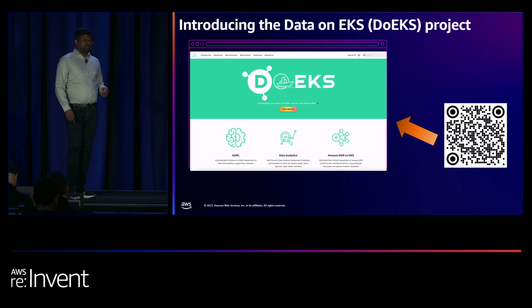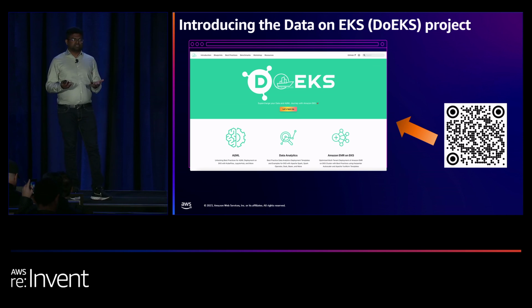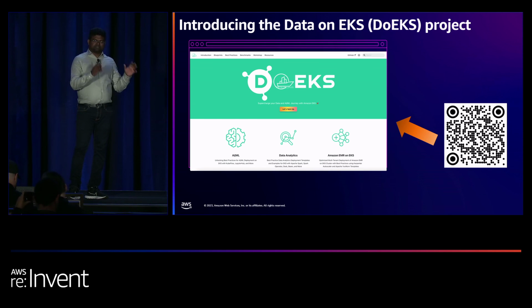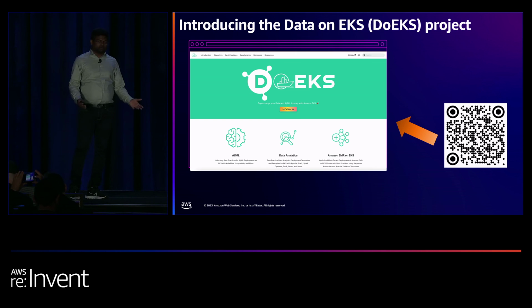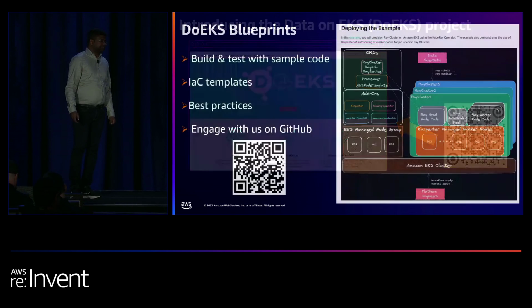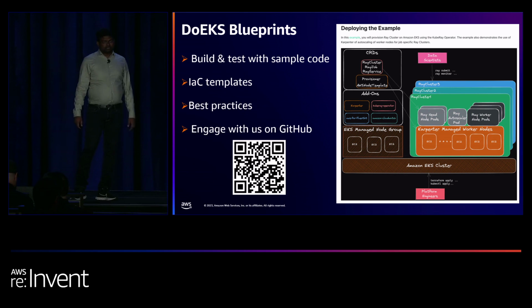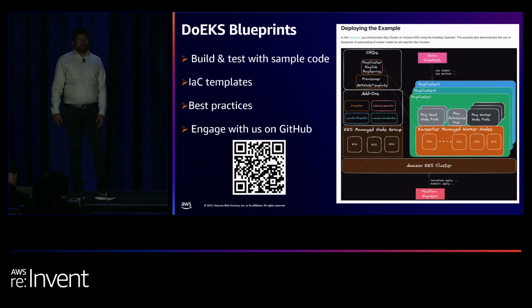So we created a new project for that called Data on EKS, which provides blueprints, best practices and guidance, more specifically focused on these data workloads, making it easier for our customers to deploy them on EKS today. We call it DoEKS, short for Data on EKS.